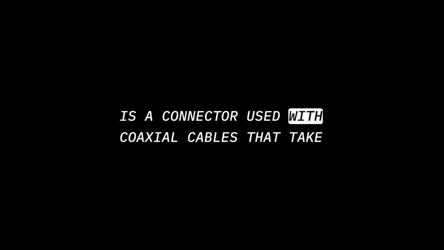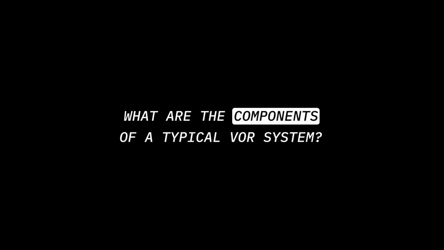It is a connector used with coaxial cables that take 1/4 turn to fully seat. What are the components of a typical VOR system? A receiver, visual indicator, dipole antenna, and power supply.